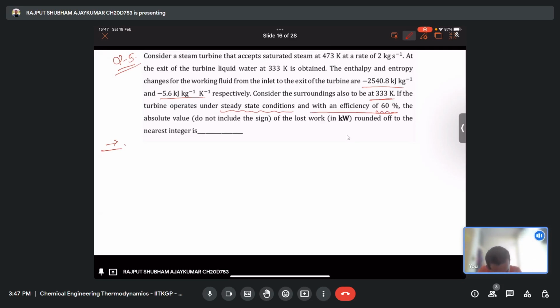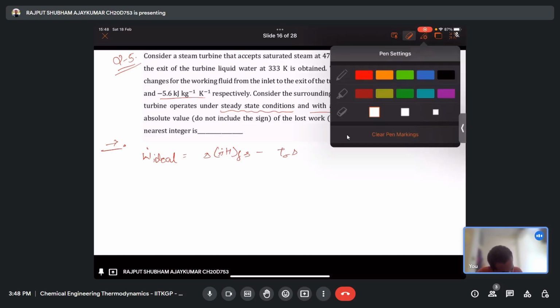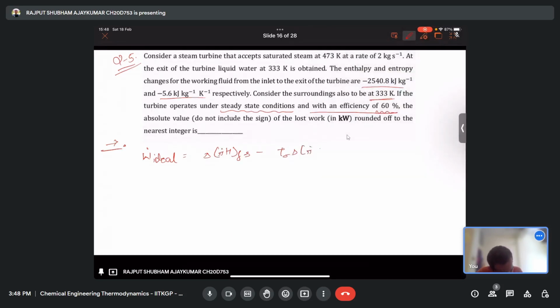Then, this is in similar terms. We know that the work done in the ideal case is equal to delta H minus T sigma delta n dot S. This n dot S is not the number of moles, it is the flow rate.